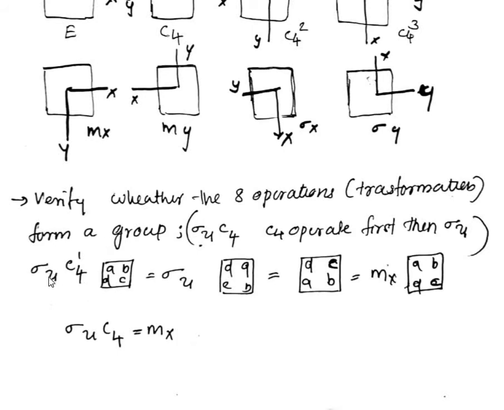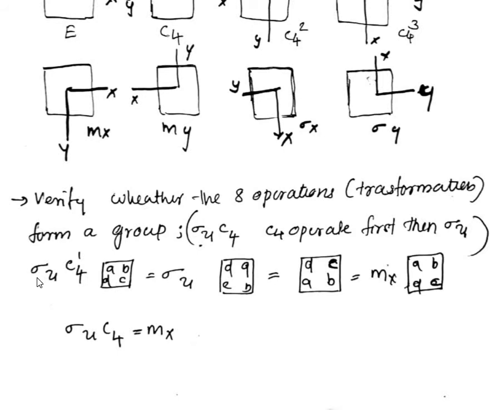So when we multiply any two of these elements, the result should be in the group. Only then will the closure property be satisfied. So let us check whether sigma U C4^1 is obeying the closure property or not.